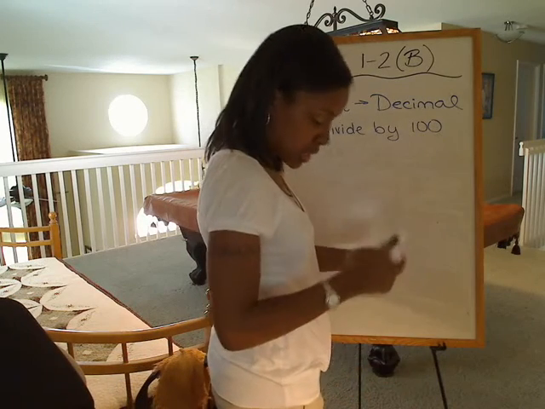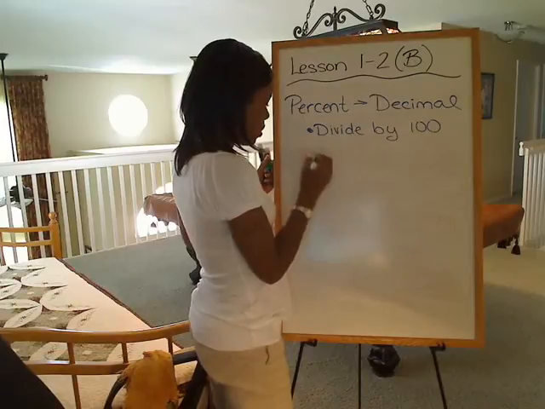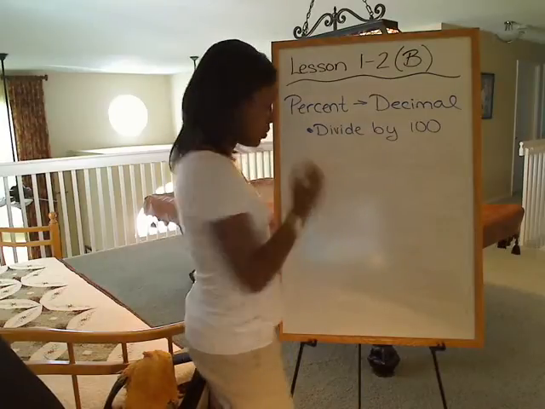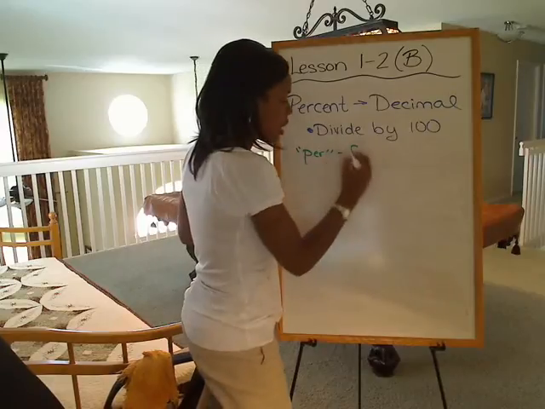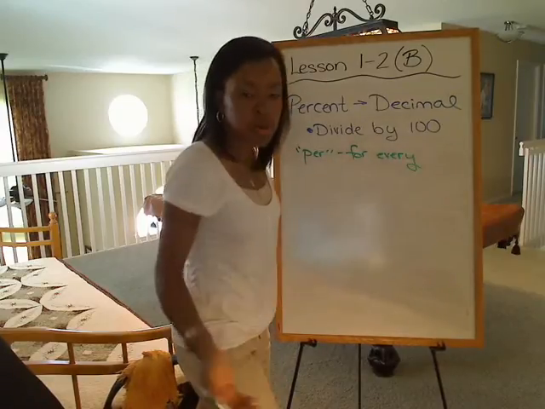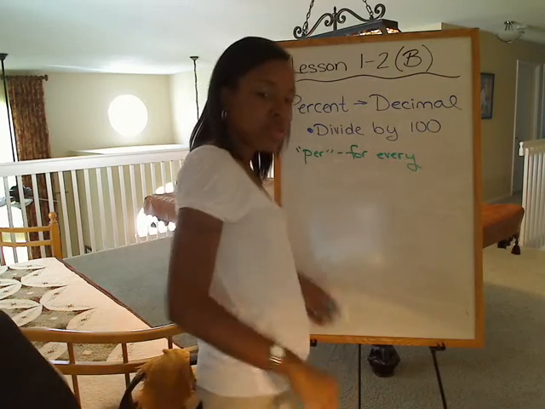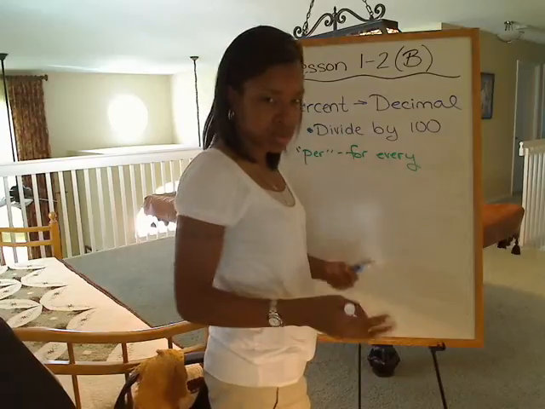The word percent can be broken up. Per, P-E-R, as in miles per hour, means for every. So if you're driving 60 miles per hour, that means you will travel 60 miles for every hour that you're driving. You get it?